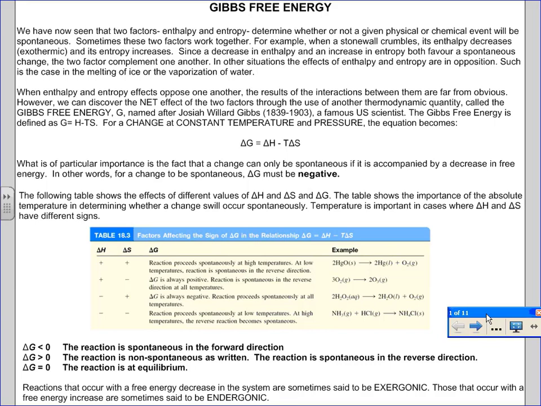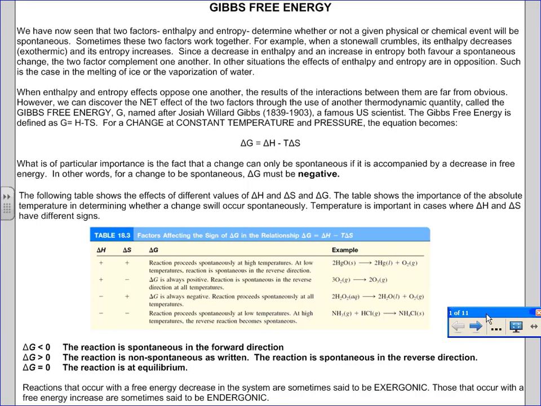Now, these two factors can work together, like in a situation where a reaction is exothermic and the entropy is increasing, or they can work against each other, like in an example where the enthalpy is positive or the reaction is endothermic and the entropy is increasing. So what we need to do is take into account both of those factors in order to decide if a reaction is spontaneous, and calculating the Gibbs free energy is going to help us to do that.